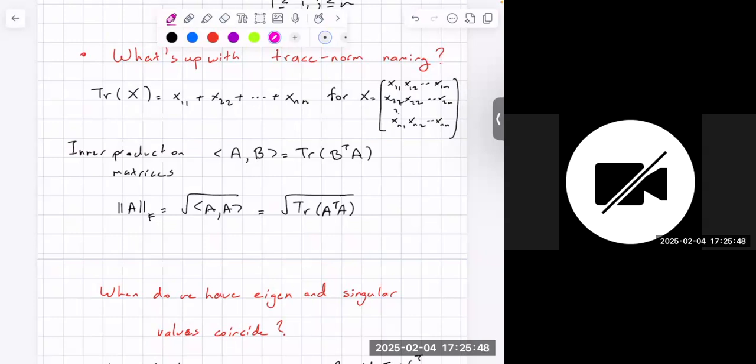If you remember, singular values are always zero or positive. Eigenvalues could be negative as well. For them to coincide, all your eigenvalues have to be non-negative. That type of matrices are called positive semi-definite matrices. They're important and all over the place, but I'll skip over for the sake of time.